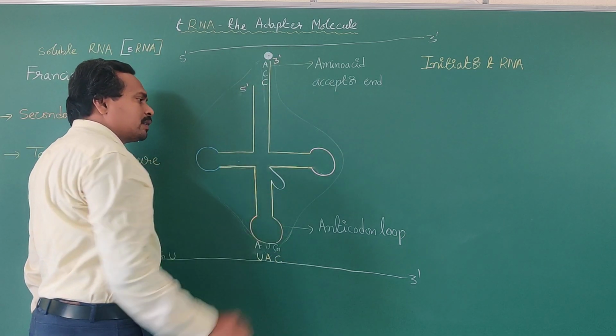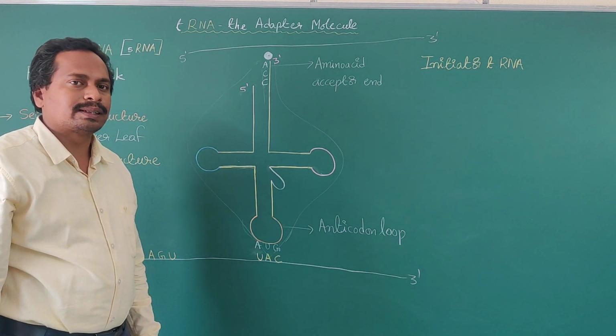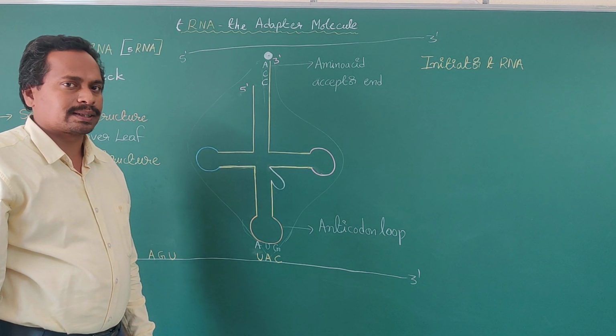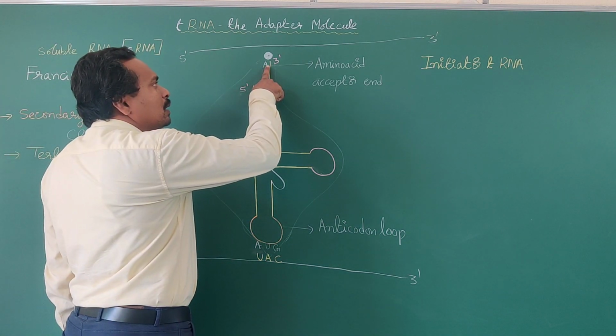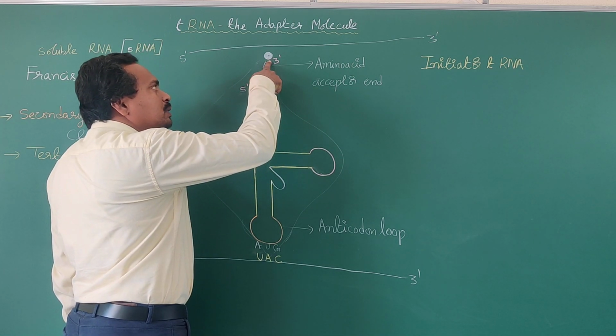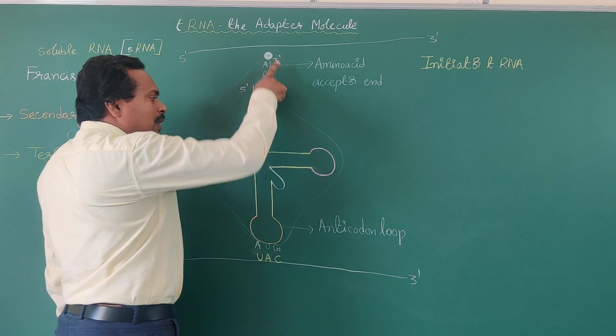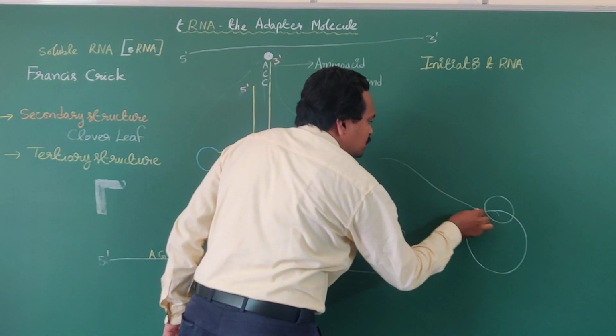You already know the types of amino acids. The 20 types of amino acids are involved in protein synthesis. During protein synthesis, the CCA end of the tRNA molecule is attached to the amino acid. Later, it is transferred to the ribosome.